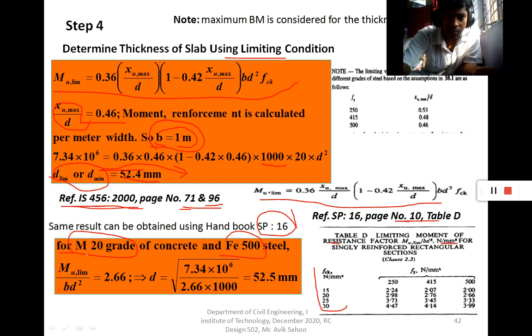This value is 7.34 kilonewton meter, so we convert to Newton millimeter by multiplying by 10 to the power 6, then divide by 2.66 and b again is 1000, and we get 52.5 mm. So the results are almost the same, because this table is prepared from this equation. That's why both results are the same.